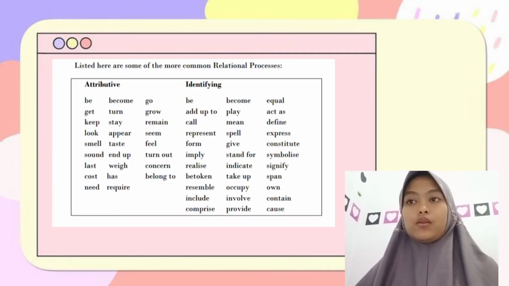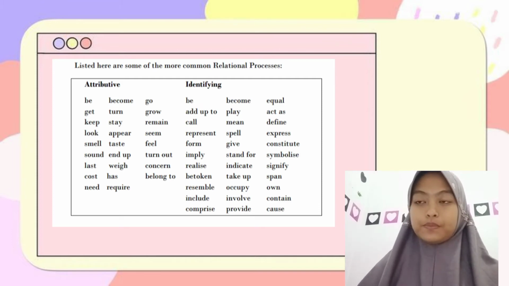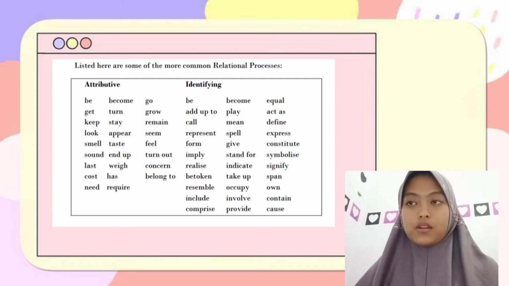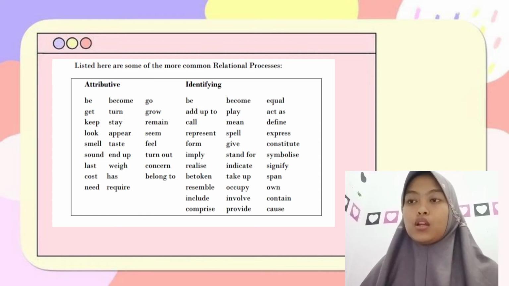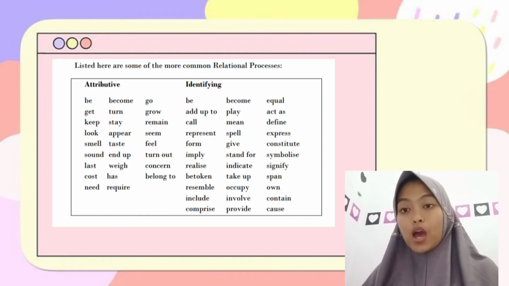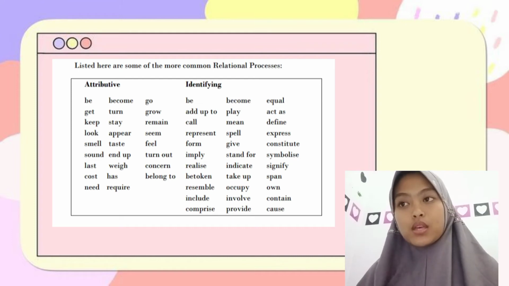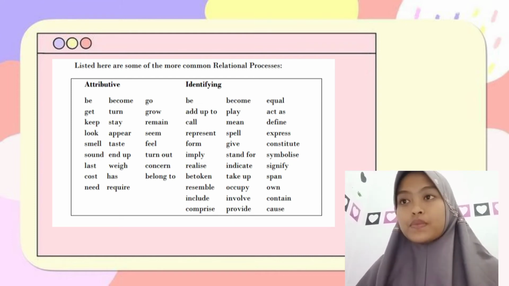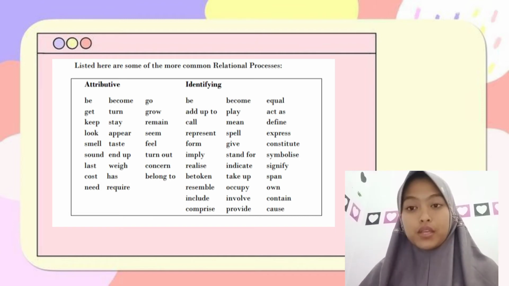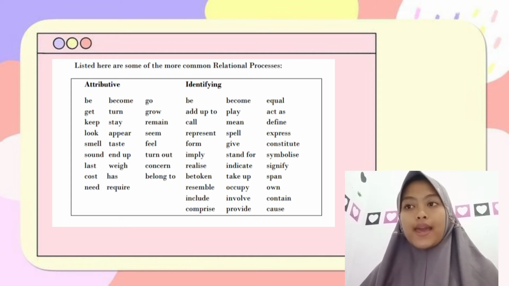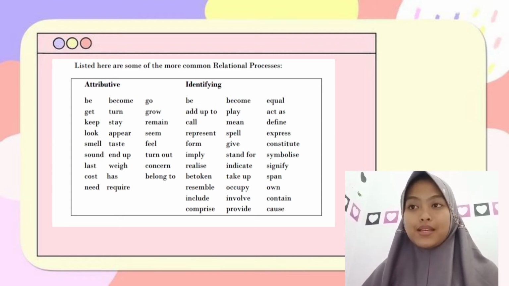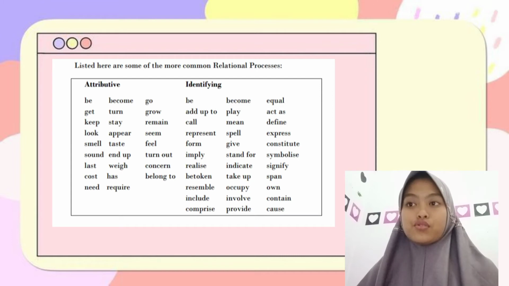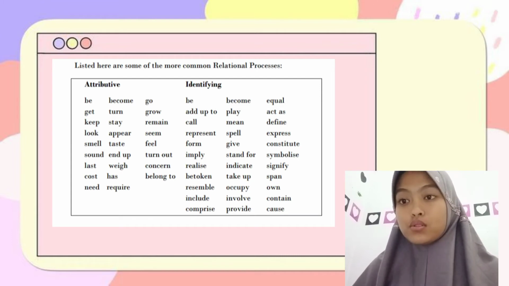Here are some of the more common relational processes. Attributive, such as be, get, keep, look, smell, sound, last, cost, need, become, turn, stay, appear, taste, wait, has, require, go, grow, remain, seem, feel, turn out, concern, belong to.